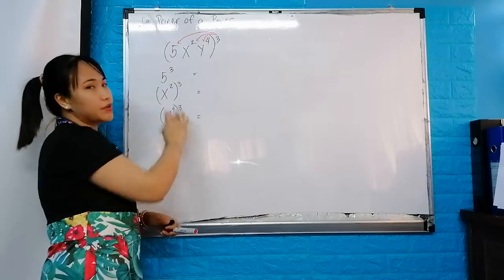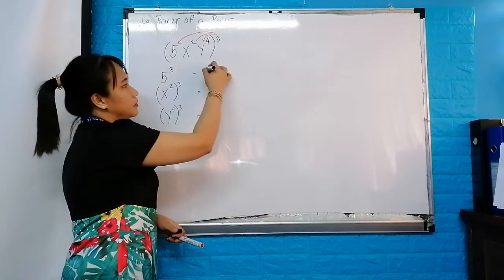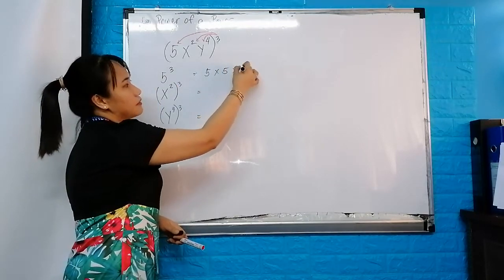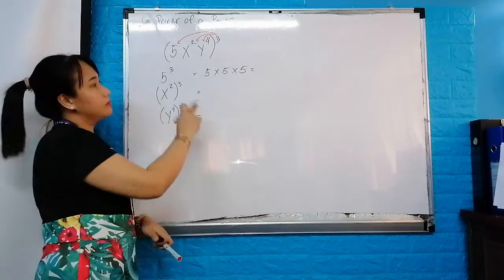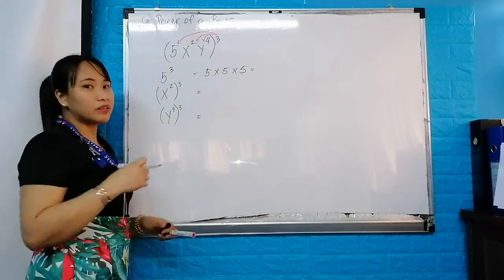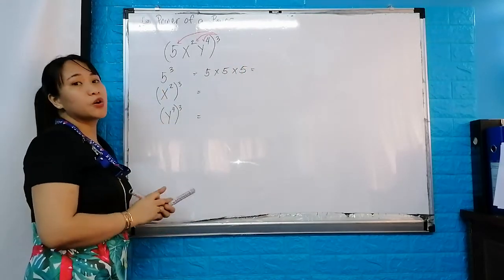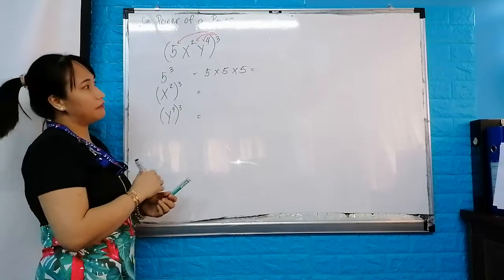5 cubed is equal to 5 times 5 times 5. Again, your exponent will tell you how many times you are going to multiply the number by itself.